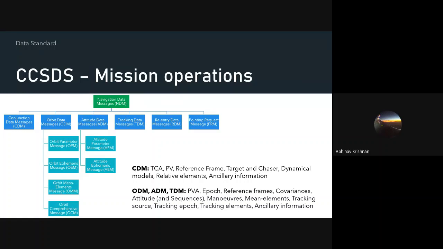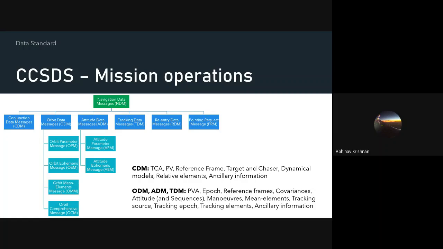So the two-line elements are basically your oscillating Keplerian elements, and you can use them for simplified analysis. The orbit comprehensive message is relatively new. They just came up with this in the new version, and it adds all the previous three together, so you don't have to look at individual ones. They just give you one file. Be happy with that. That's how it goes.